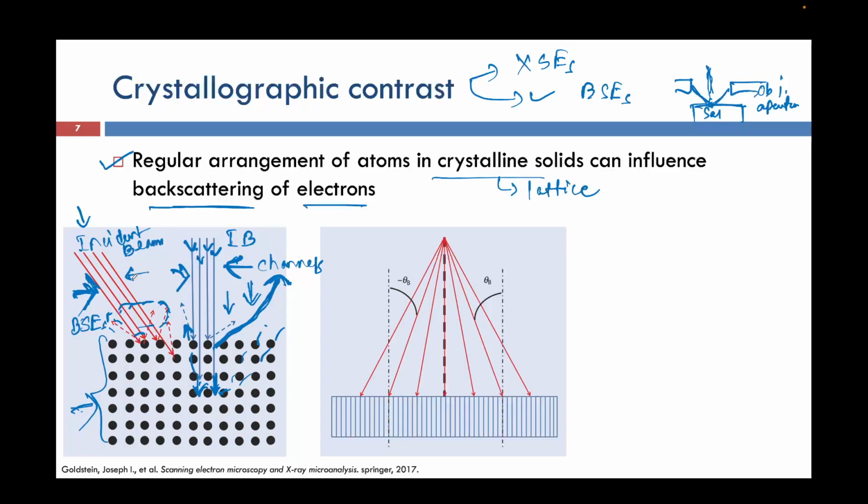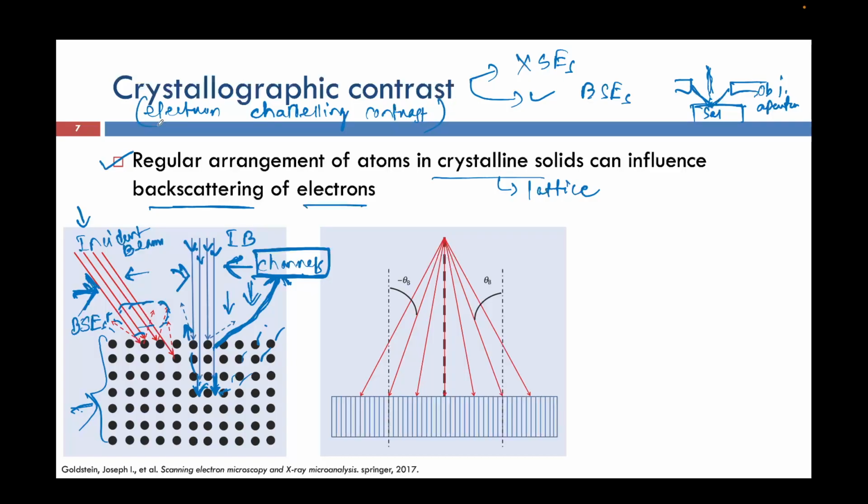Since this contrast arises because of the channels, this crystallographic contrast is also called electron channeling contrast.